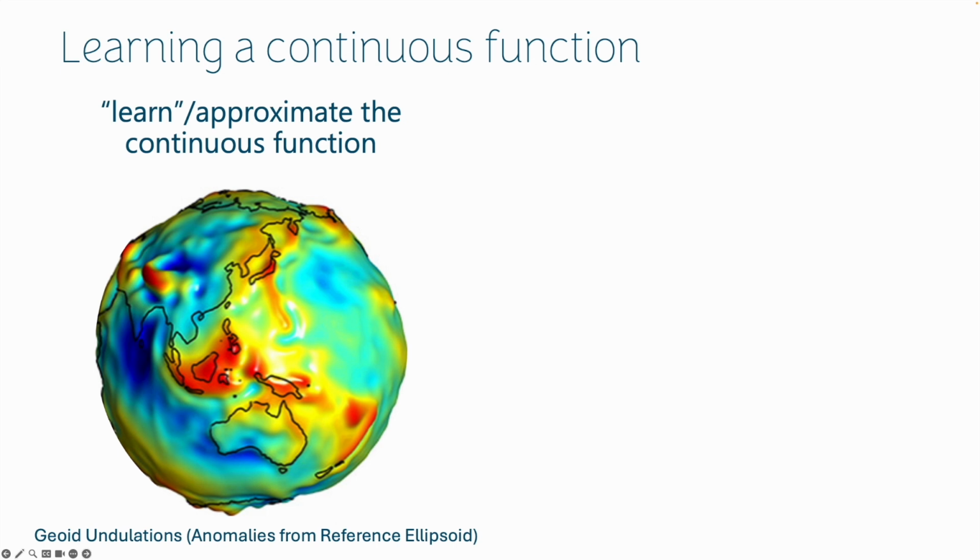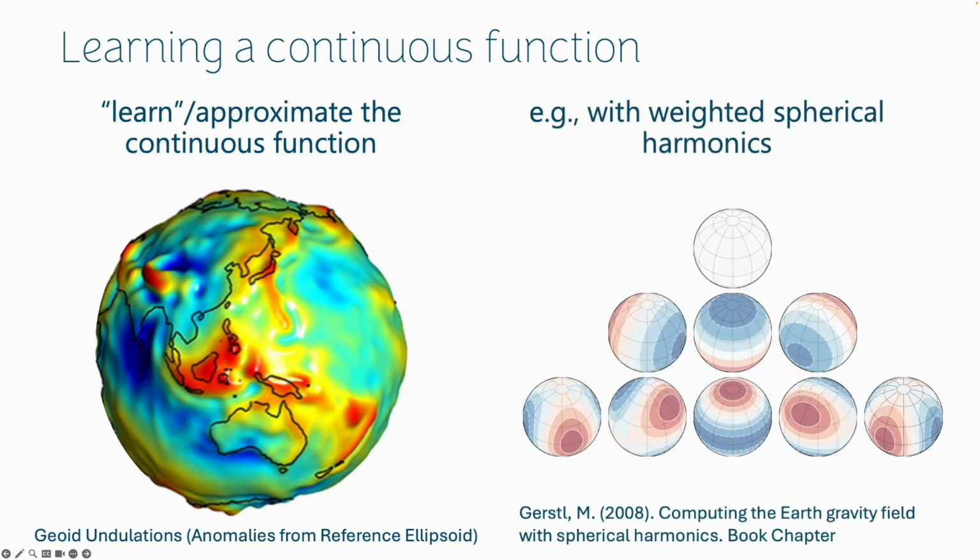So how can we learn a continuous function over a spherical geometry? And the idea here is to break it down into orthogonal basis functions that are defined on the sphere, and those are spherical harmonics.